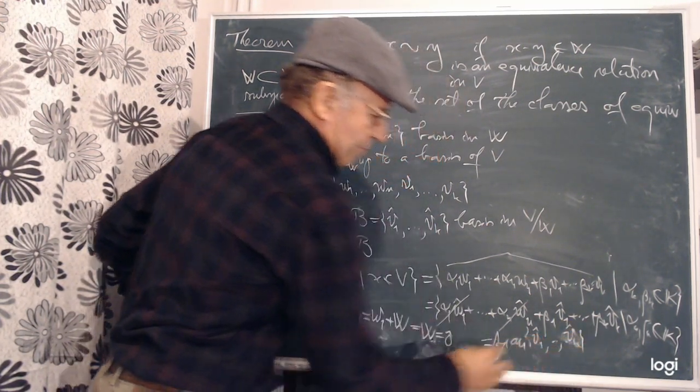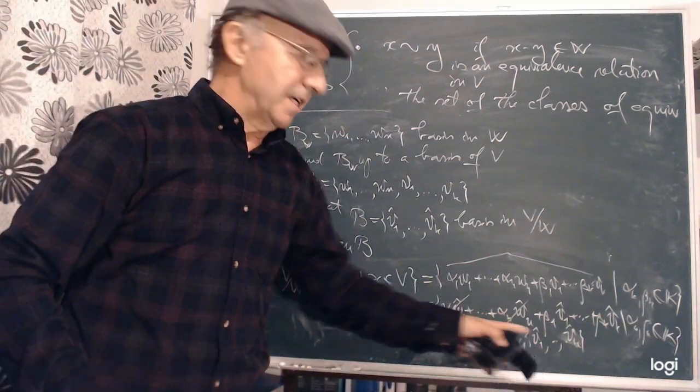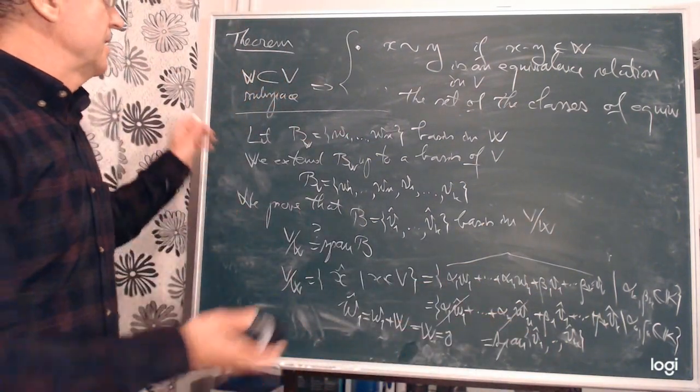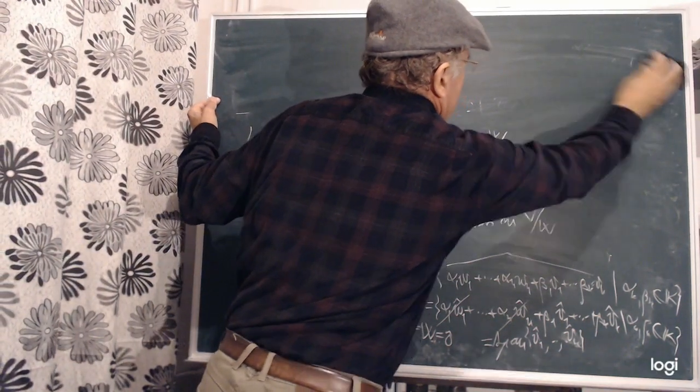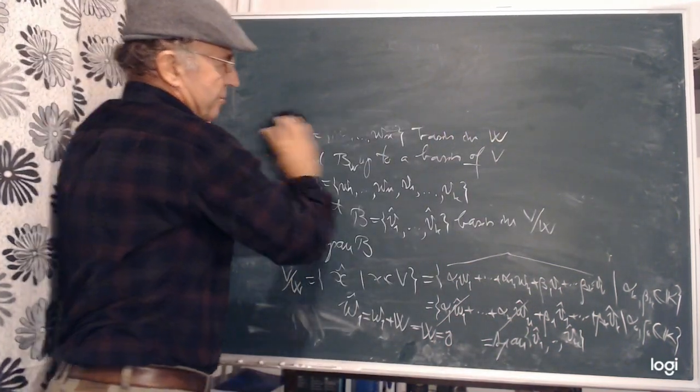Now it remains to prove that this set of vectors is linearly independent. For this, we consider a linear combination equal to 0.